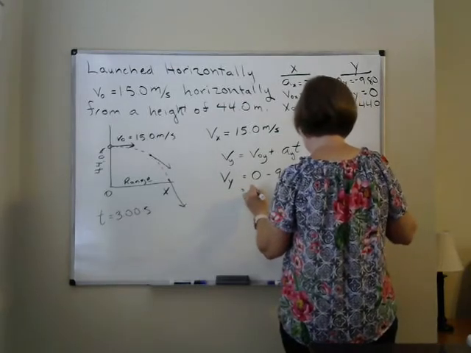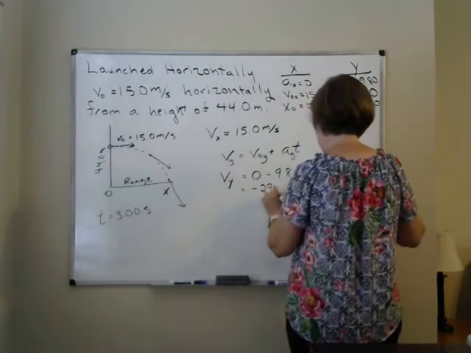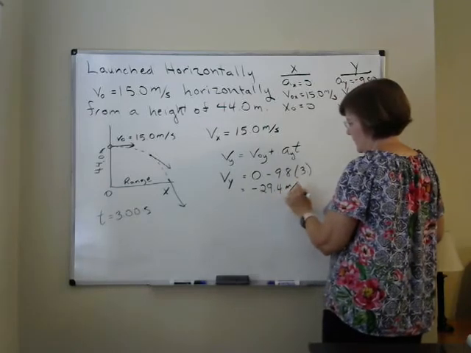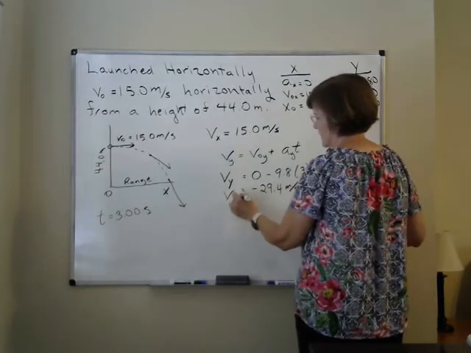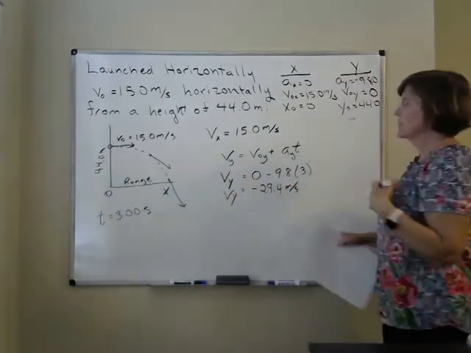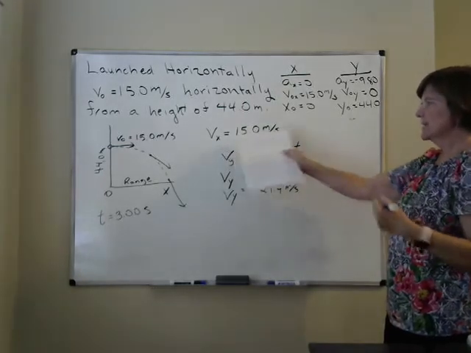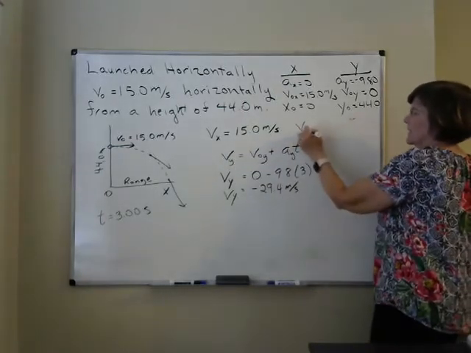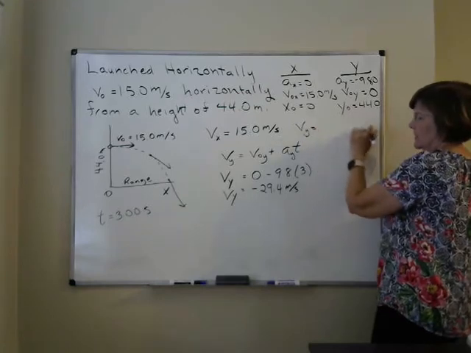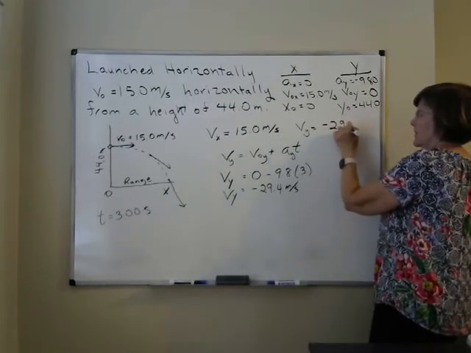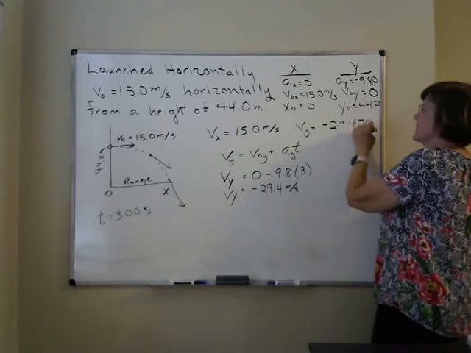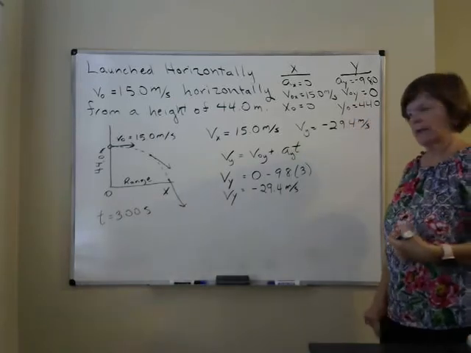And that's negative 29.4 meters per second. So I know that horizontally it hits the ground with this speed. Vertically, it hits the ground at this velocity. The negative indicates, of course, that it's fallen.